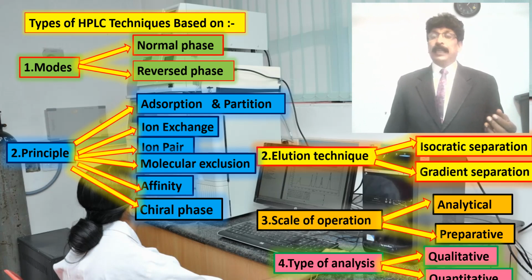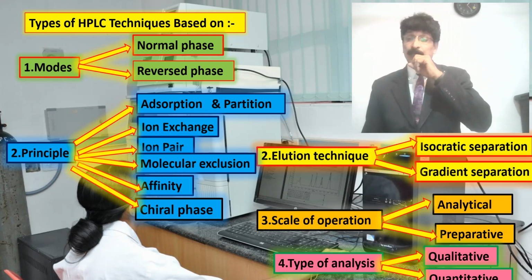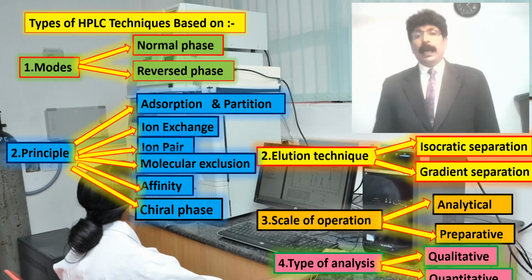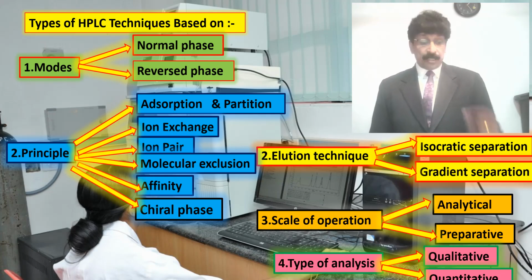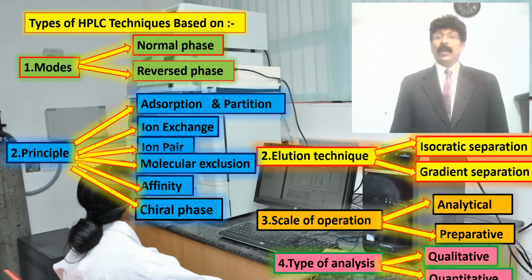HPLC can be classified as analytical HPLC or preparative HPLC. Type of analysis also has two types of classification, qualitative and quantitative, whether it is just identification or determination of amount. So it is clear there are 5 ways the HPLC can be classified technique-wise.